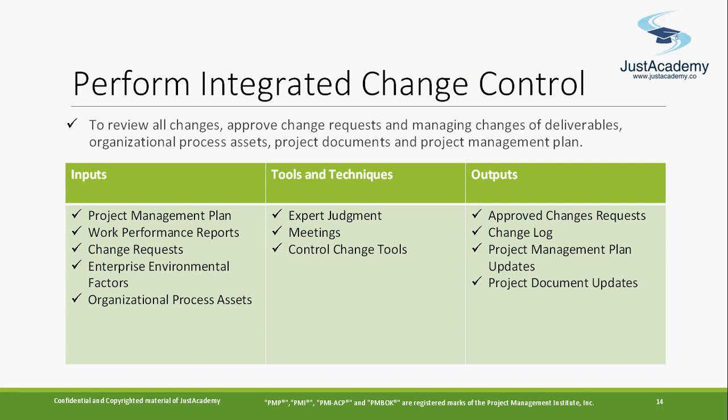That is where they decide, based on the discussion and whatever was agreed. They will approve those changes, or they will reject them. So that's why this work performance report plays an important role. It gives you the health of the project during this meeting. Is this clear? Okay, yeah, I got it.